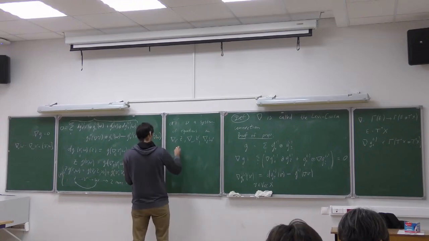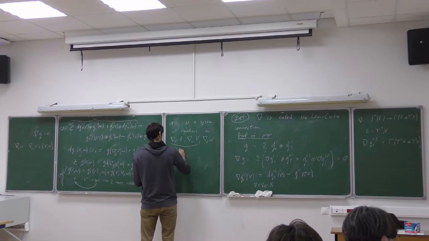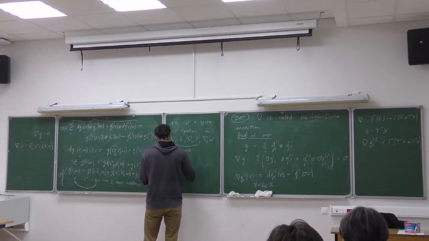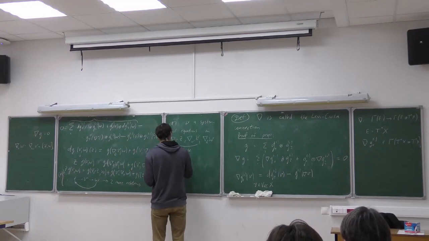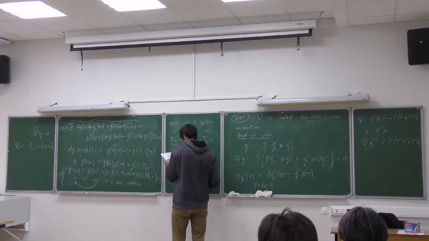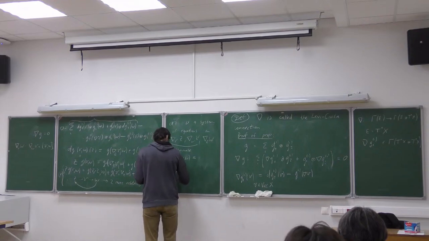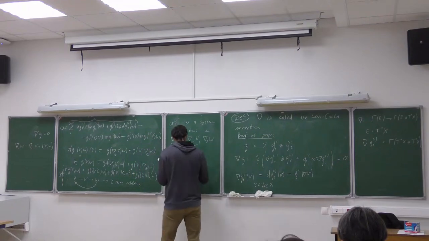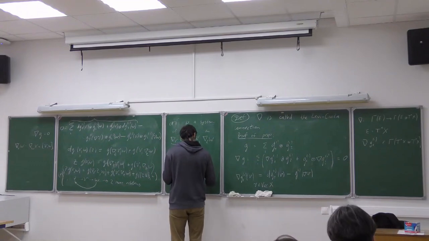So this will eliminate. And then we'll get something like this: 2g(v, nabla z w) equals, well, it will be z g(v, w) minus v g(w, z) plus.